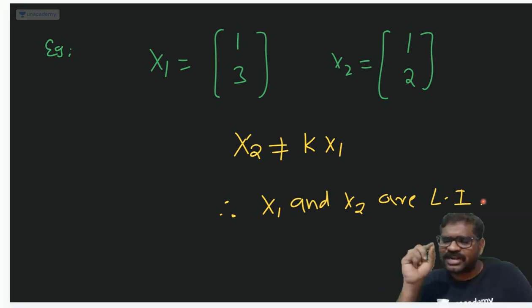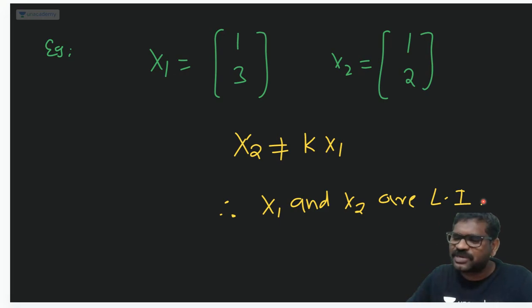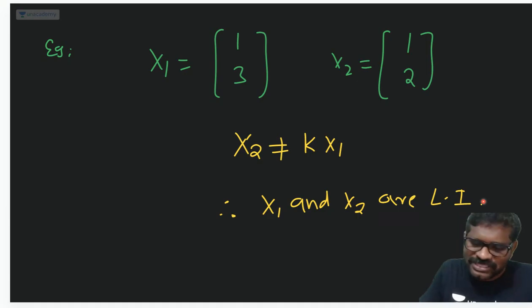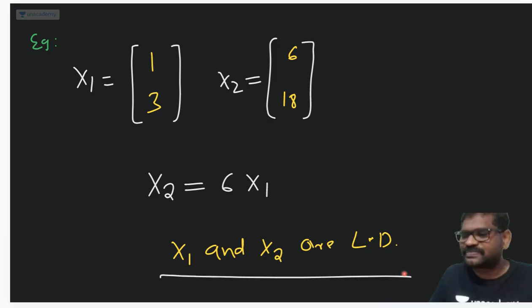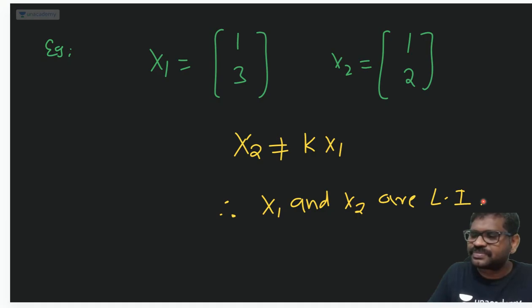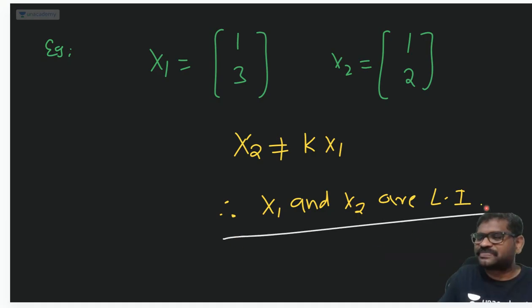Himanshu, understand the concept properly. Did I say X1 is independent? I never said X1 is dependent. Please understand the concept properly. I said X1 and X2 are dependent in the first example. Here I have mentioned X1 and X2 are independent.